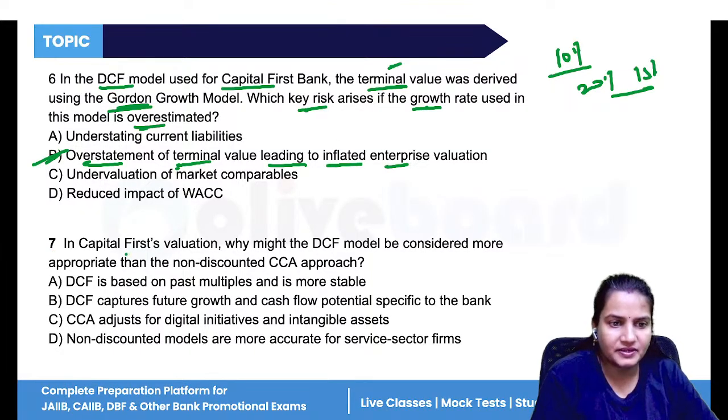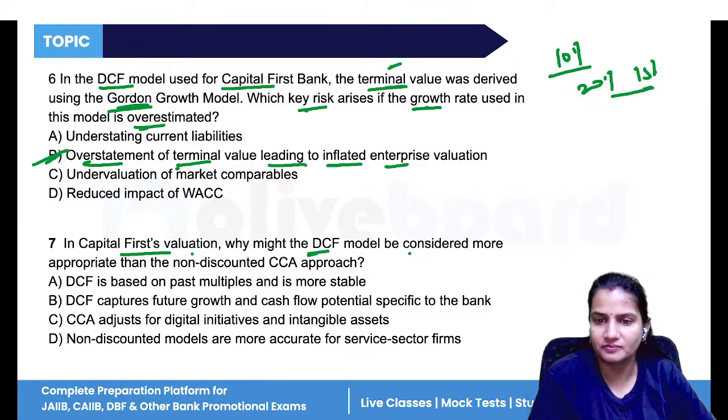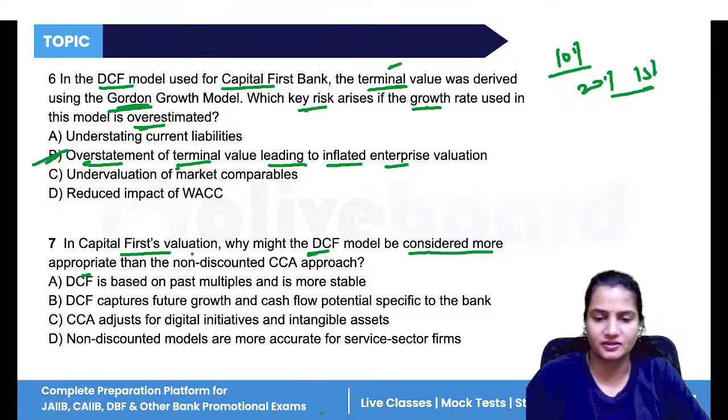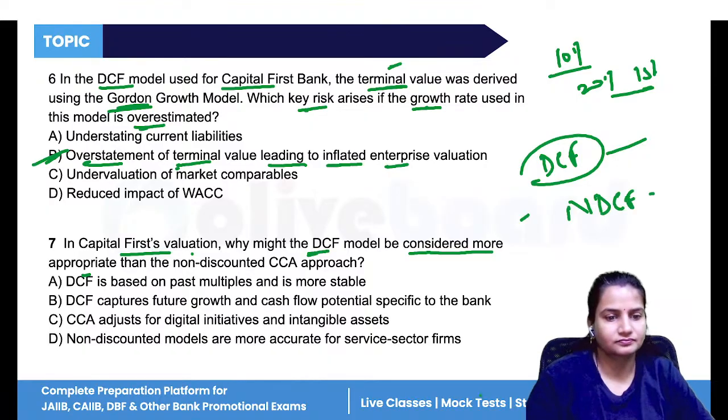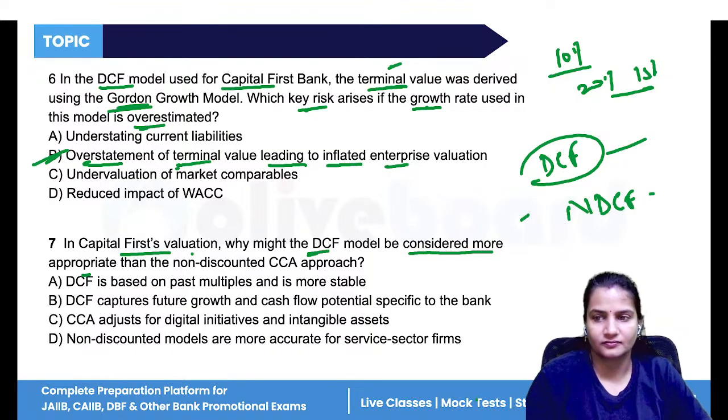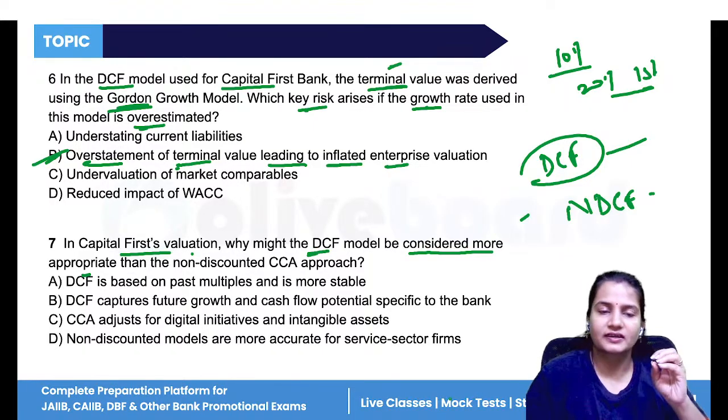Now, in the Capital First valuation, why might the discounted cash flow model be considered more appropriate? So why has the company opted for DCF, not non-DCF? Why DCF? Because see, in discounting, you will get the actual value.